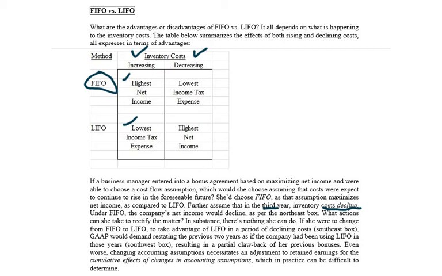We're in that column here, which of course means if we stick with first in, first out, this is where we're at. Yeah, the advantage is lower income taxes, but again, if your bonus is predicated on what the company makes in income, now your bonus is going to go down. So she might think, well, I want to keep this going, so I want to migrate to this box. So therefore, we'll just choose LIFO now.